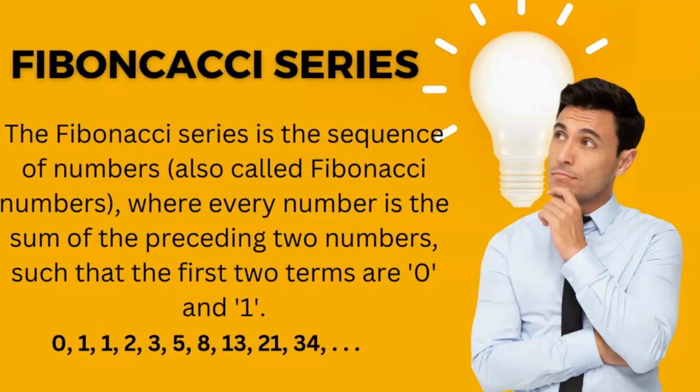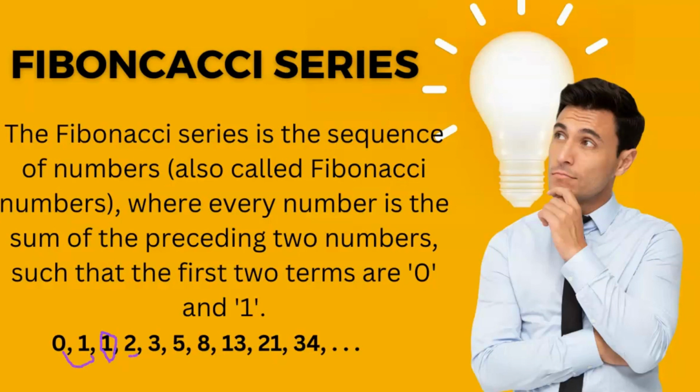As you can see on my screen, Fibonacci series is a sequence of numbers where the first and second numbers are 0 and 1, and further we can find the next number by adding its two preceding numbers. You can see in this example, the first number is 0, the second is 1, and the third number is the sum of the first and second numbers.